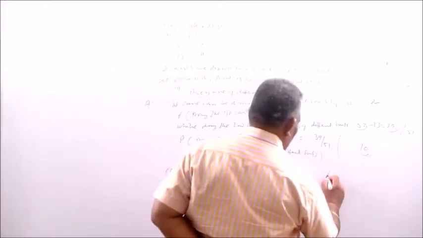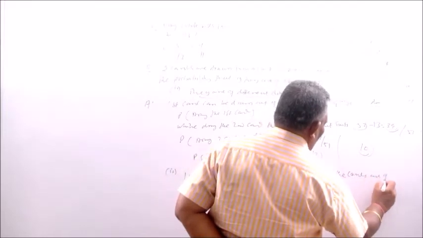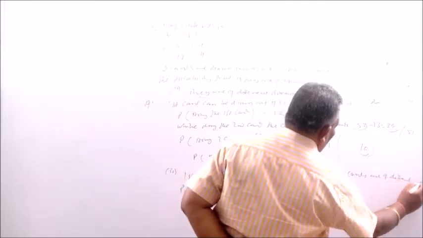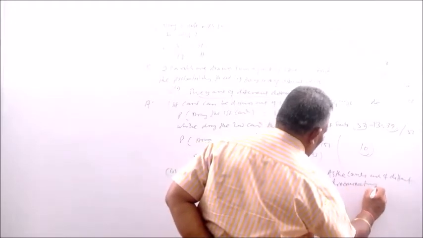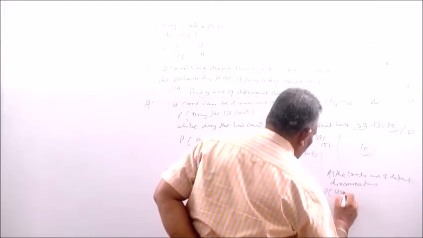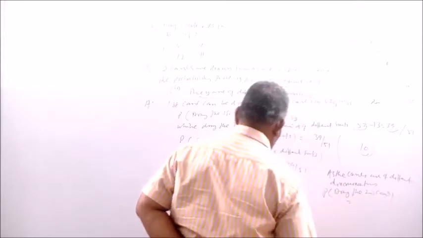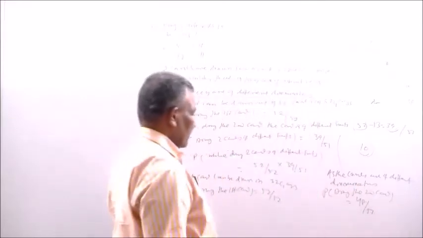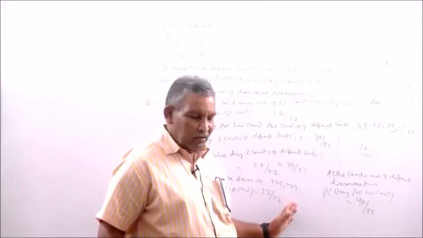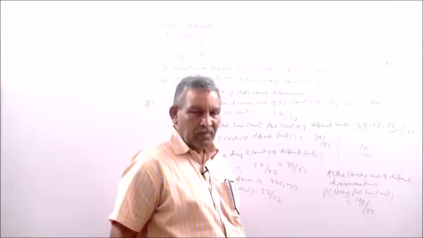As the cards are of different denominations, the probability of drawing the second card equals 48 by 51. Remember, the first card is drawn, you have already drawn the first card, so the total number of cards in the pack is 51.